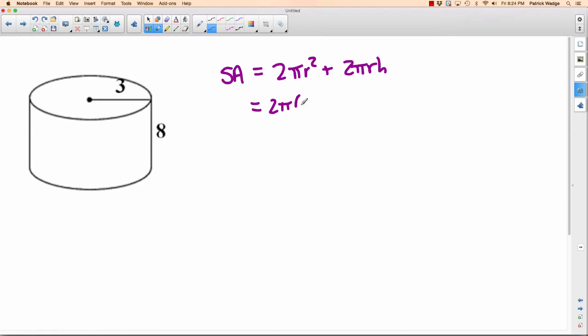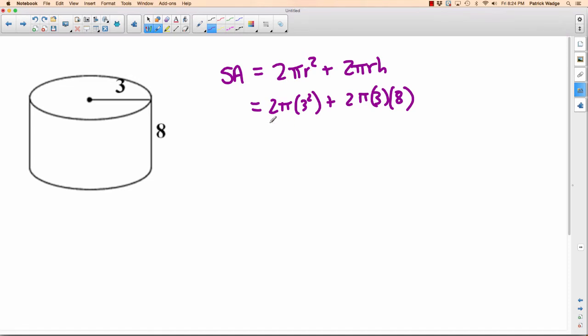So I'm going to have 3 squared plus 2, pi, r, we already did r is 3, but don't square it this time. It's not squared, it's just r. And then h, how much is h? 8, that's the height, right? It's 8. Alright, you could just pick up your calculator and hammer this in, but I do find that a lot of times people get it wrong if they do that, so be careful, use some brackets if you're going to do that.